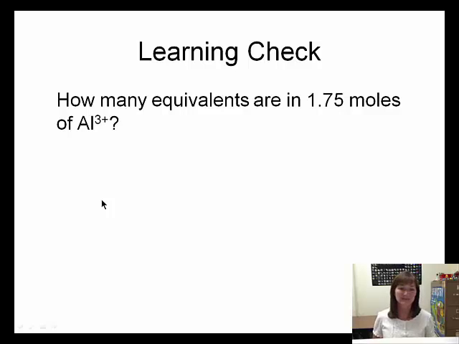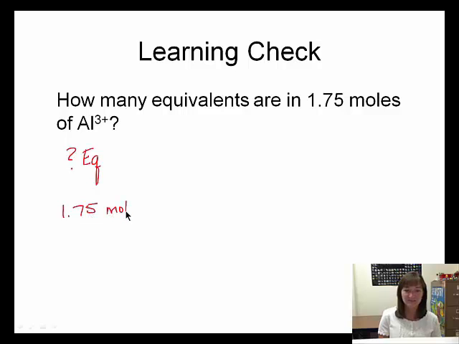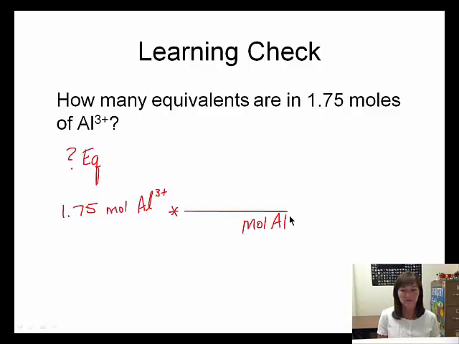So here's an example. How many equivalents? The question is asking for how many equivalents are in 1.75 moles of my aluminum ion. Now, if this question had said how many equivalents in 1 mole of aluminum ion, we'd say 3. But we don't have 1 mole, we've got 1.75 moles. So I am going to convert my moles of aluminum ion into equivalents, because that's what the question is asking for.